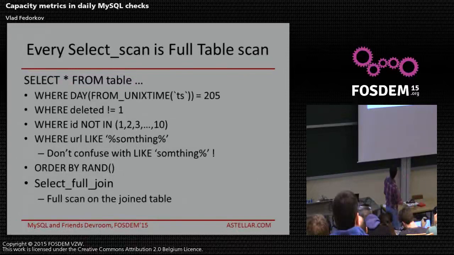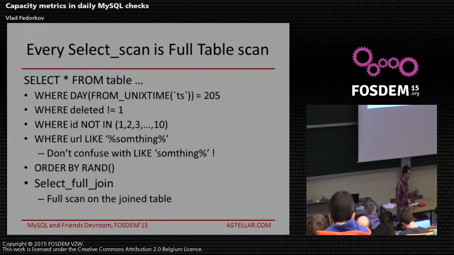Sometimes, and this is my favorite, this is a really nasty thing, because rand will be calculated for each row in a table, and then MySQL will sort the whole data set. This is a really good query if you want to kill MySQL, especially if you have several terabytes. Just try it. Not in production. I want to be responsible for this.